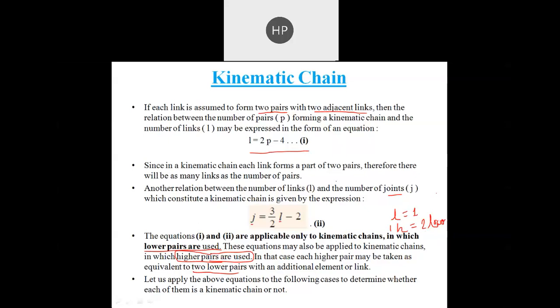Then we can apply these two equations. Now we will apply these equations to determine whether each of them is a kinematic chain or not.